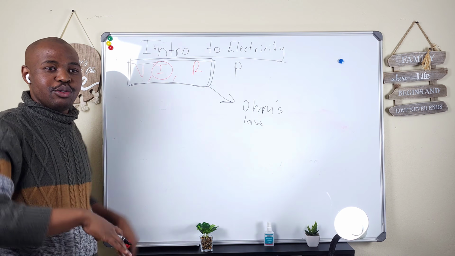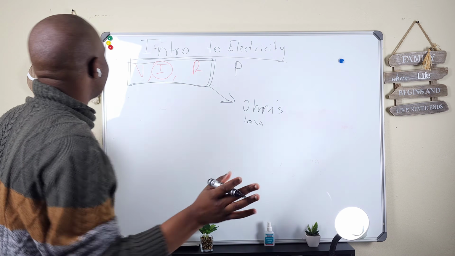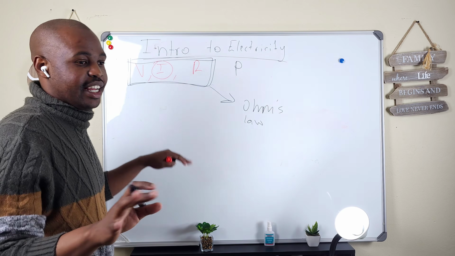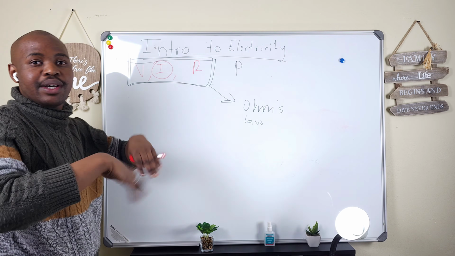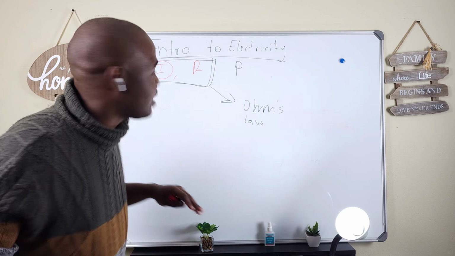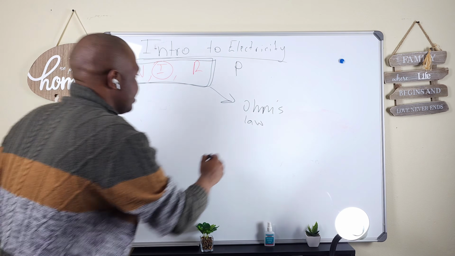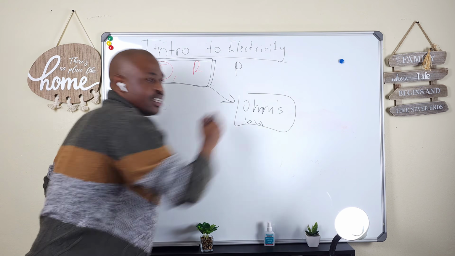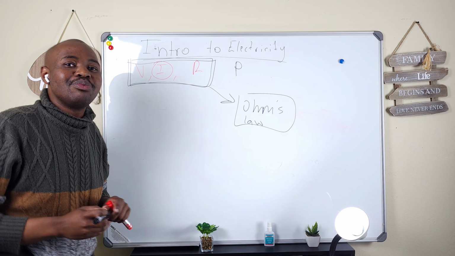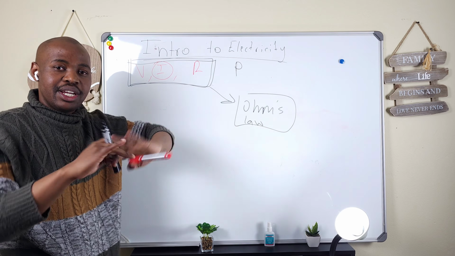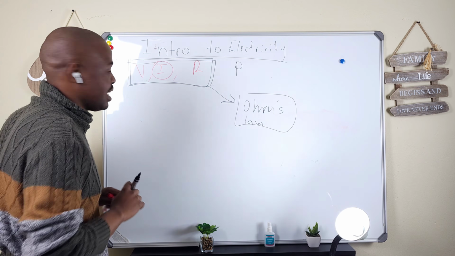If you have to go and fix anything that is electrical, an electronic component, power systems, anything electrical, you only fix it with what? Ohm's law. Okay, because Ohm's law will actually predict what is happening in a circuit.